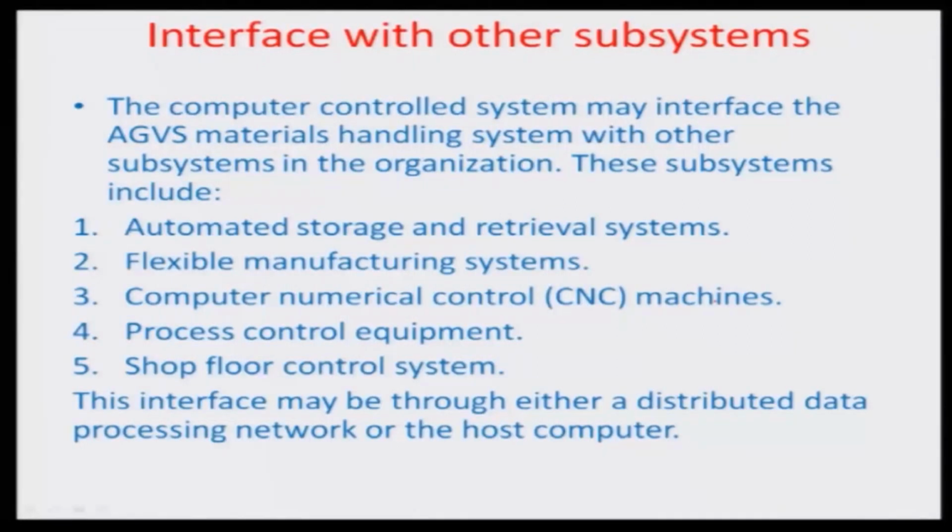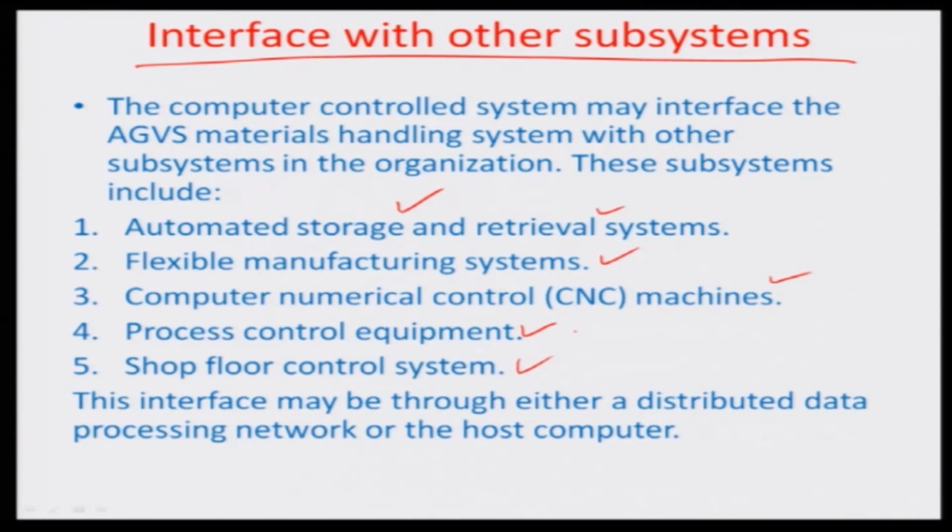So having said that there is obviously going to be an interface of the automated guided vehicle system with the other systems, subsystems which are available. This includes automated storage retrieval systems, the ASRS, flexible manufacturing systems. Sometimes there are CNC machines, so they need an interface with these machines. They also need an interface with process control equipment and various other shop floor control systems which are available.